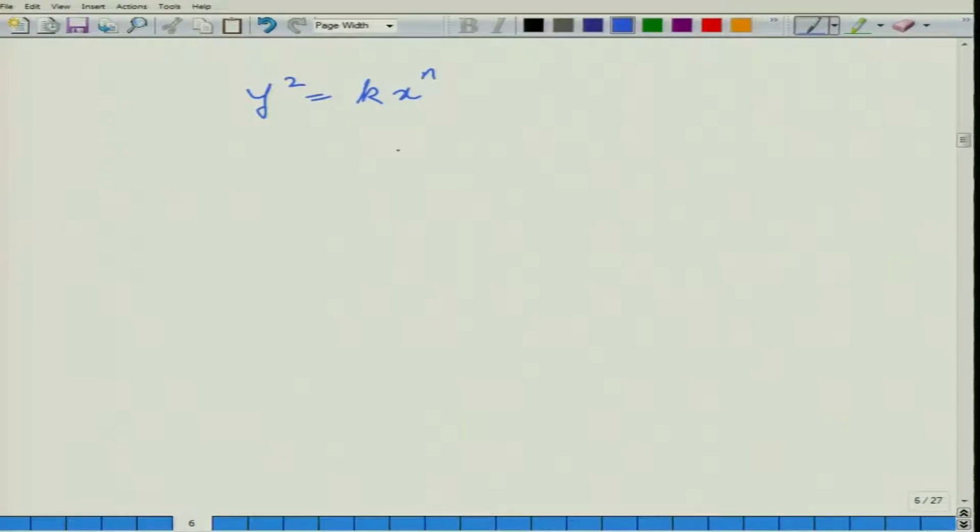So, now when you have n equal to 0, you will have the equation y square is equal to k x to the power 0, which will mean that y square is constant. If you have n equal to 1, you will have y square is equal to k x.